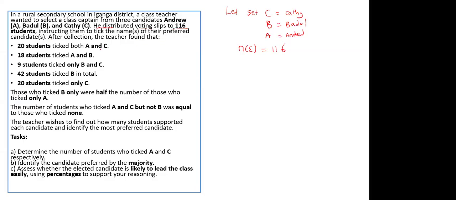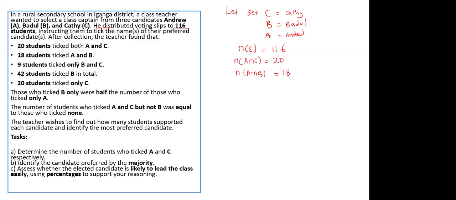After collection, the teacher found that 20 students ticked both A and C. So A and C equals 20. Then 18 students ticked A and B, so A and B is 18.